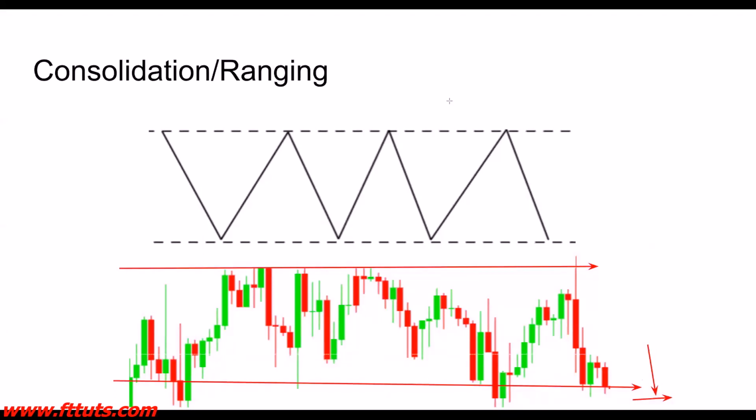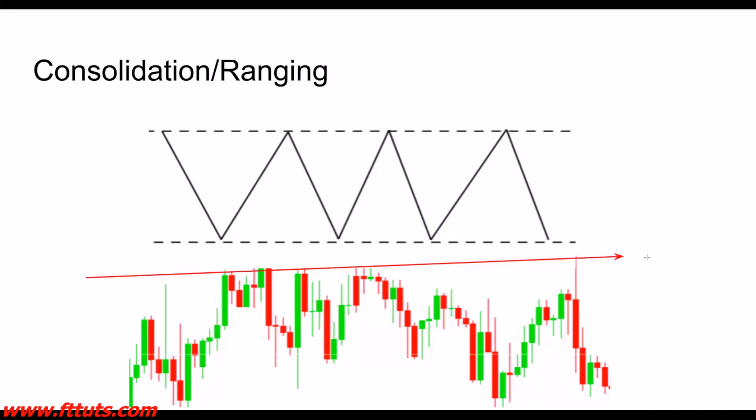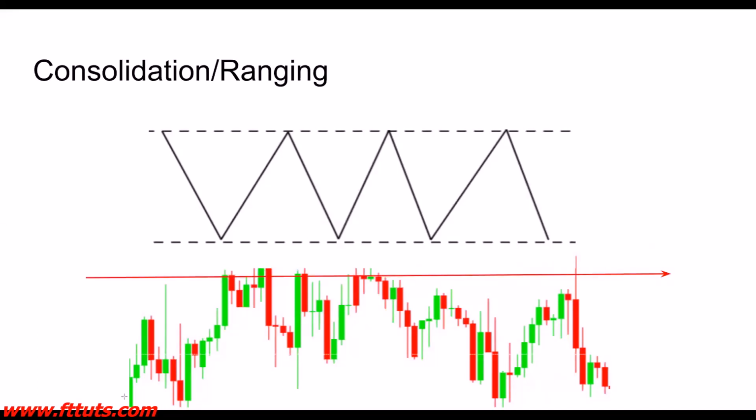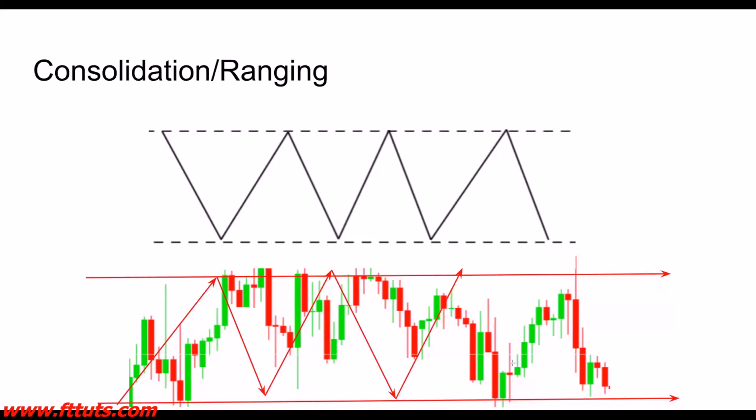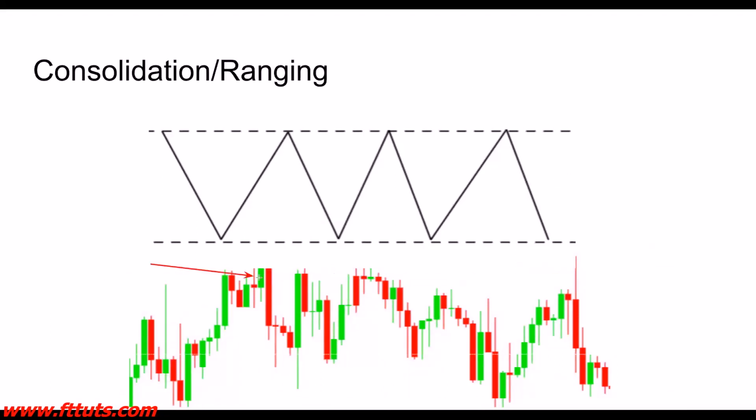So the way we identify a ranging market is if price is not breaking structure highs and structure lows. Whether the market is bouncing from roof to floor, roof to floor, if it's not as clear as the example here, as long as price is not breaking structure highs or structure lows, we are in a consolidating or ranging market.